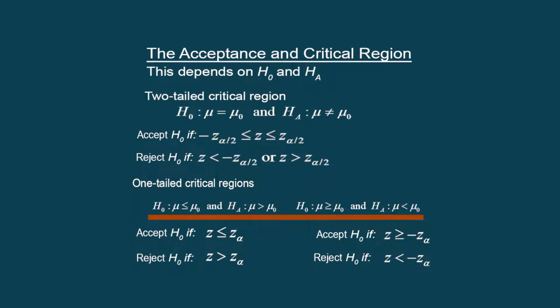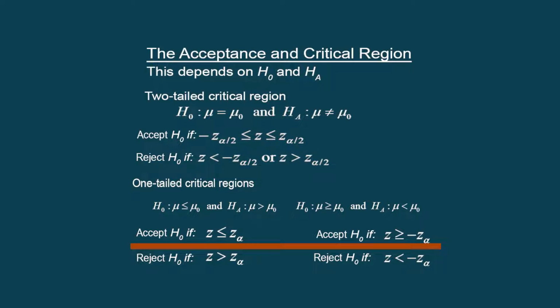If we set our decision rules on H naught, where the population mean is less than or equal to the specified value, then automatically the alternative hypothesis will be the opposite, that is mu is greater than mu 0. Whatever we claim in the null, we have to contradict in the alternative. So in this case also, we set up our null hypothesis on the graph as Z less than or equal to Z alpha.